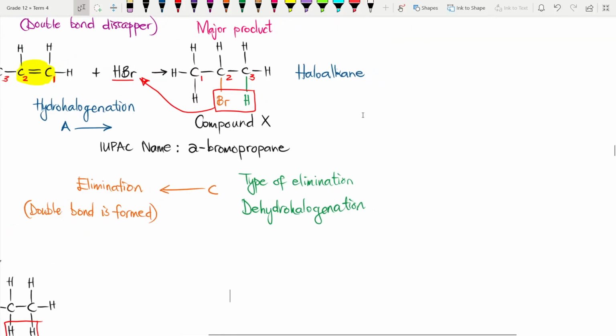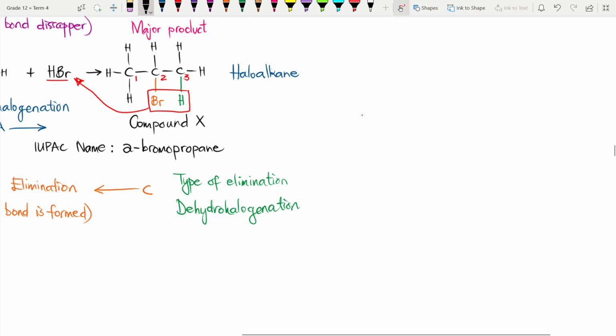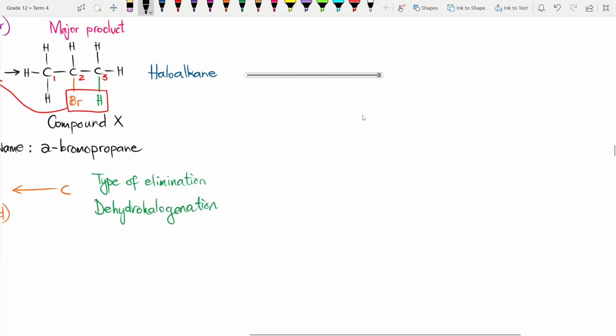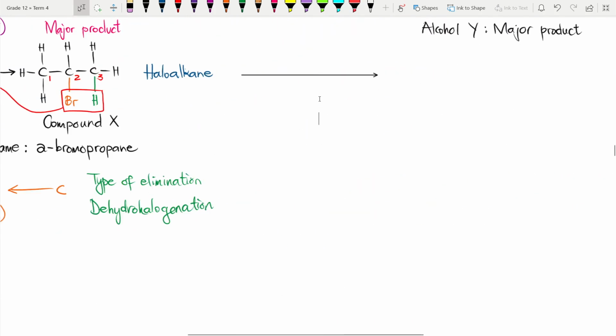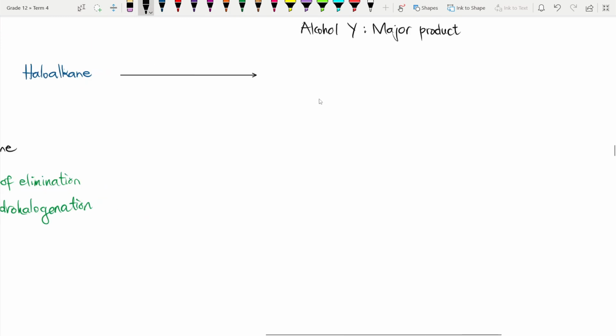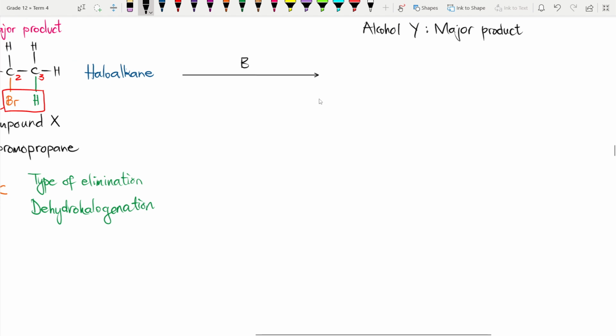Compound X was a haloalkane, so I'm gonna go through this path to alcohol Y. Then I'll say, okay, this side is alcohol Y, and it should be a major product. Okay, we don't have the actual structural formula, but we can come up with it. This, by the way, is reaction B. Let's see.